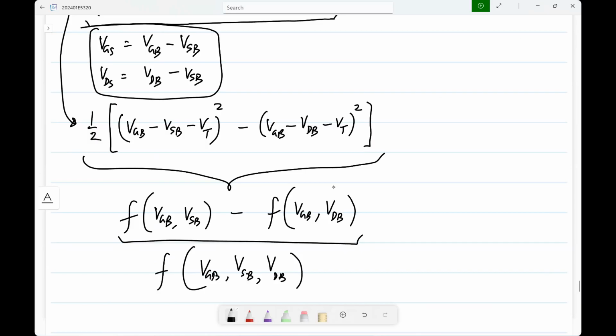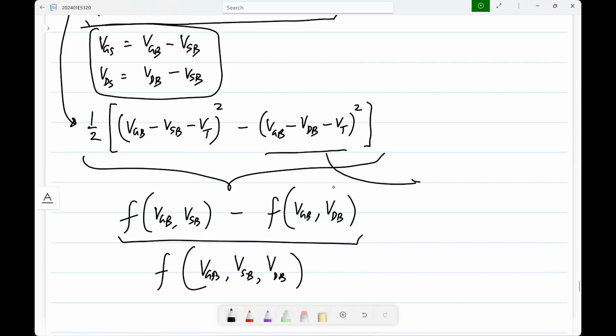You just expect the current to be a function of the three voltages that are there, VGB, VDB, and VSB. But it turns out it actually has a special form where it can be split into some function of VGB and VSB minus the same function of VGB and VDB. Now here, this has to be interpreted properly.